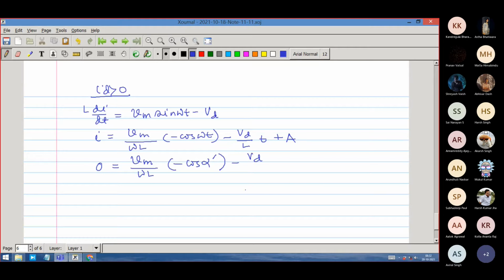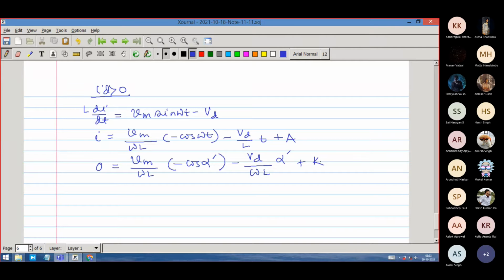It would not have been alpha and alpha dash would not have been different had I fired at 45 degrees, right? So this, minus Vd divided by omega L into alpha dash, plus k.